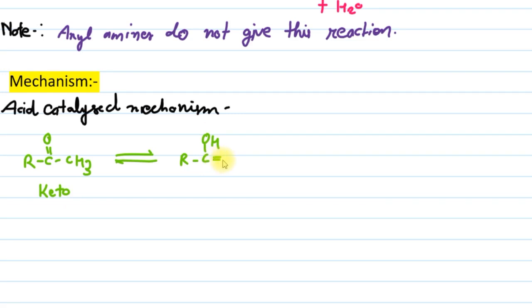This is the enol, and this isomerism is known as keto-enol tautomerism because the hydrogen of the carbon atom moves toward the oxygen and the double bond moves to the carbon atom.